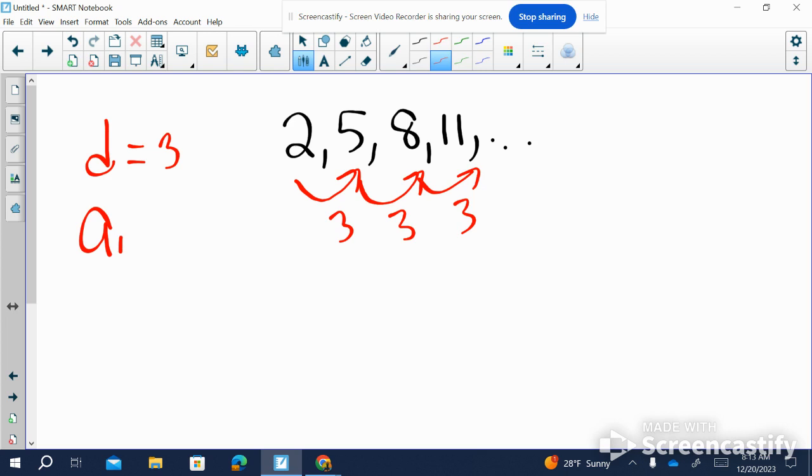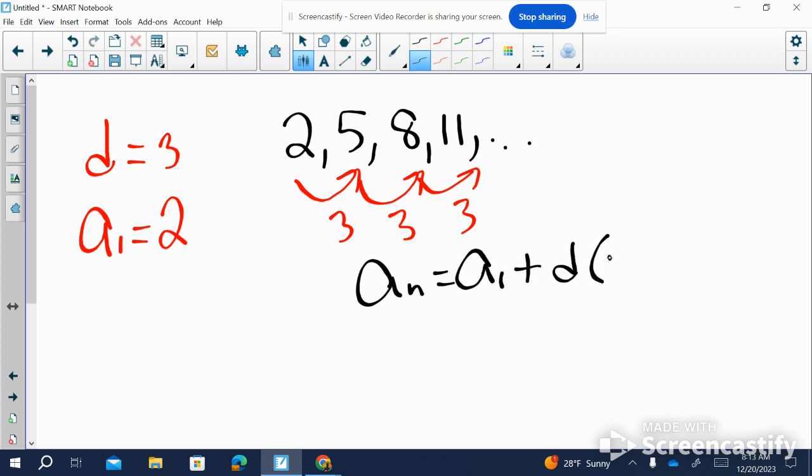The first term of my sequence is 2. So using this general formula here, I'm going to fill in all the things that I know specific to this sequence, which is the first term and the common difference.